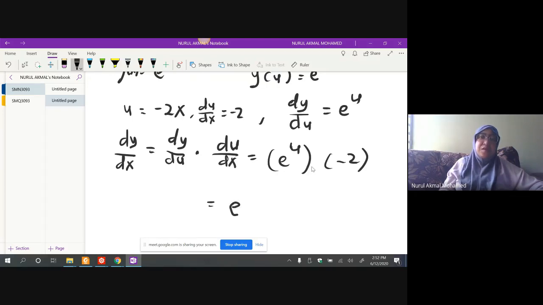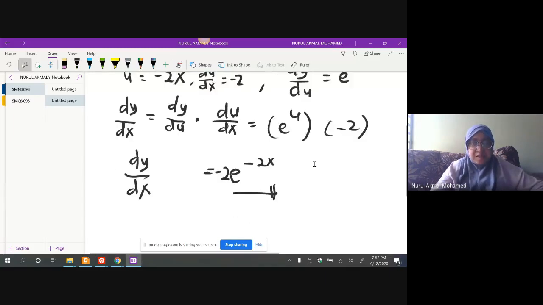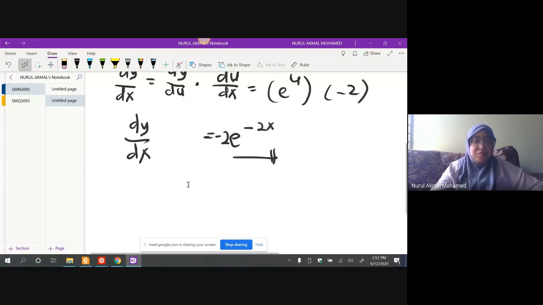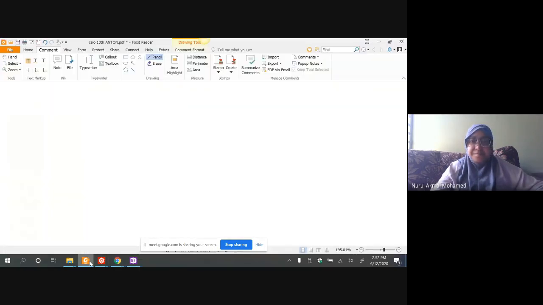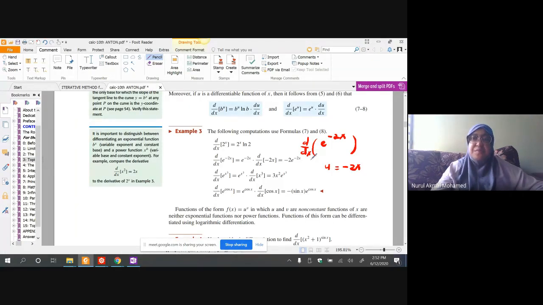So it is e to the power of negative 2x multiplied with negative 2. This is the final answer for dy/dx: negative 2e to the power of negative 2x.